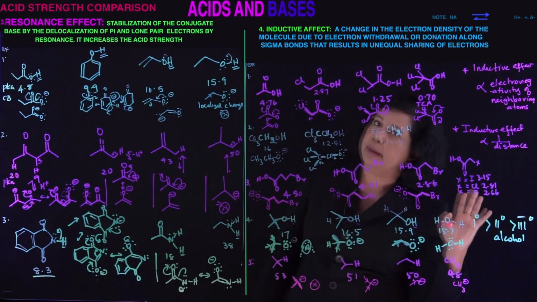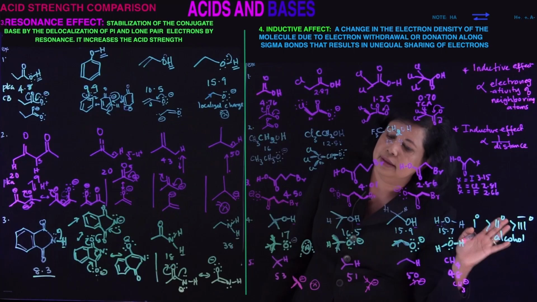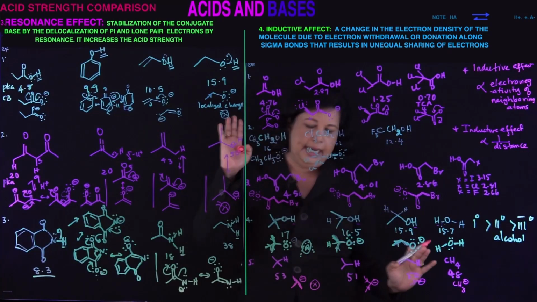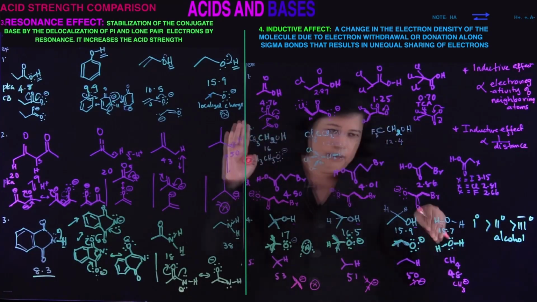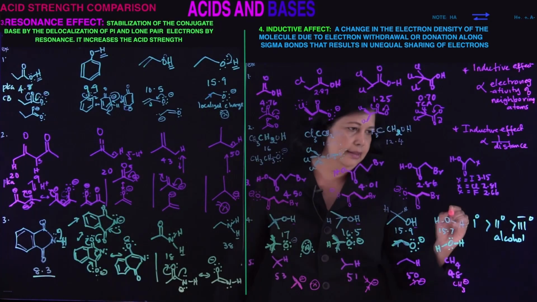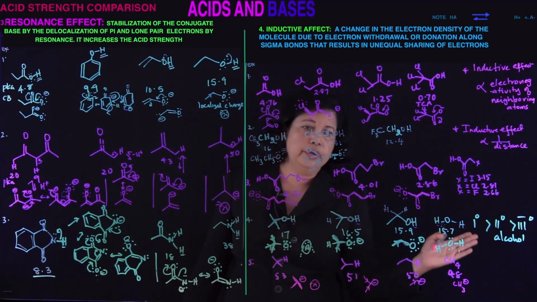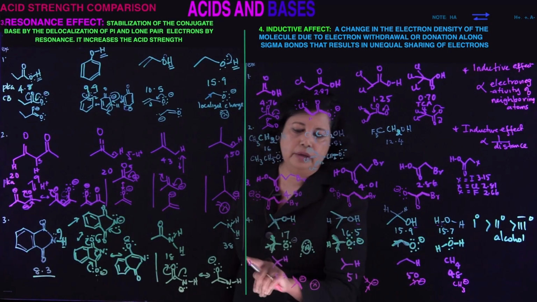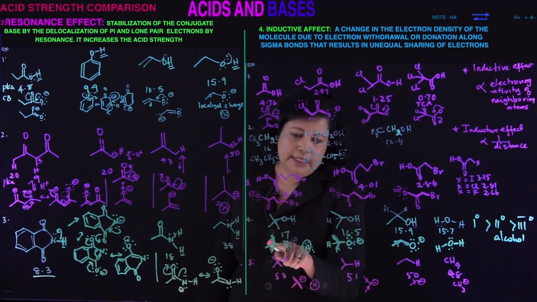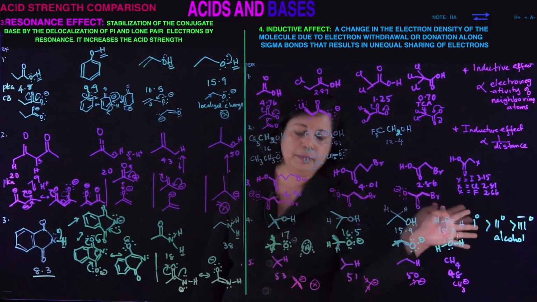But what about basicity? Well, we said Ka goes up, Kb goes down. Acidity goes up, basicity goes down. So for the anions, which one do you think would be the best base over here? Obviously this guy. Right? Because it's so unhappy, it's going to grab a proton from anywhere.